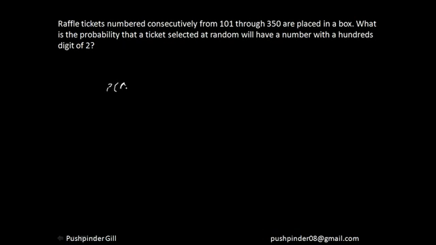Probability of an event happening is defined by cases in favor by total cases. So what are the total cases here? How many numbers do I have to choose from? I have to choose from any number from 101 till 350, which is pretty much 250 numbers, right? So it's 250 numbers.